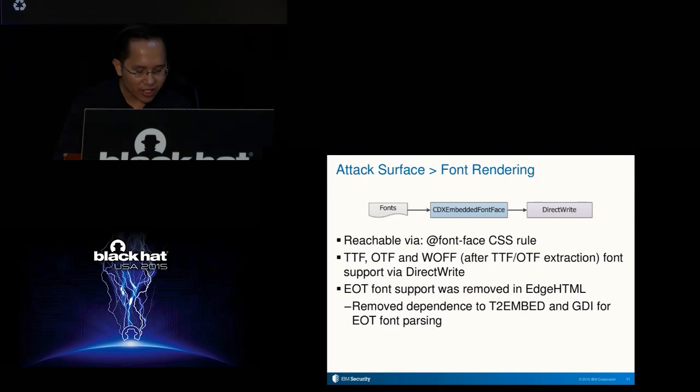An interesting change is that EOT font support was removed in EdgeHTML. Because the parsing of EOT fonts requires the use of T2Embed and the GDI library, the number of libraries depended upon by EdgeHTML to render or parse fonts was reduced. Therefore, another attack surface reduction in EdgeHTML.